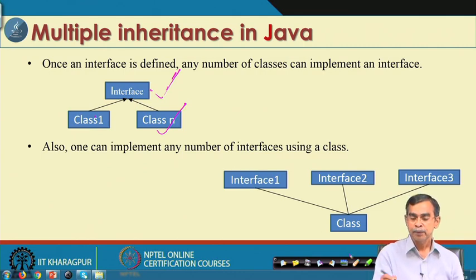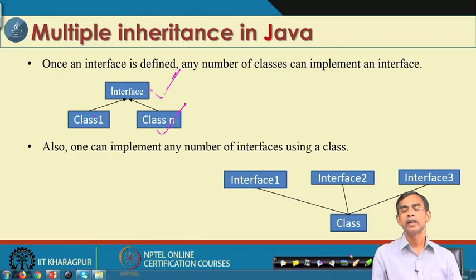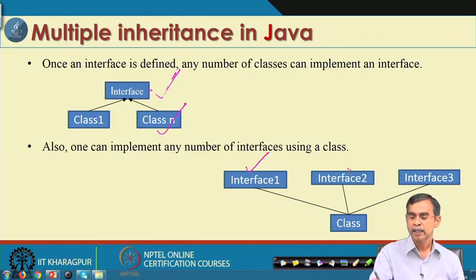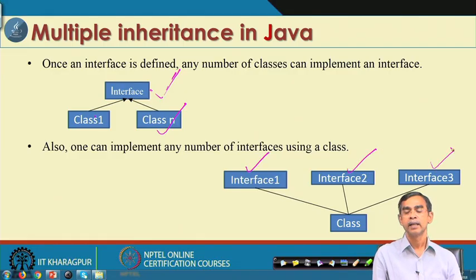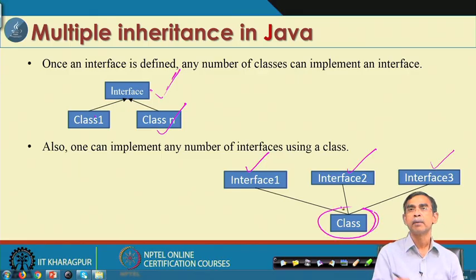Likewise, if you have two or more interfaces, like interface 1, interface 2, interface 3, then you can build a class so that it can implement all these interfaces. This is just like inheritance, meaning this class inherits all the methods and all the variables declared in them. It looks like multiple inheritance.